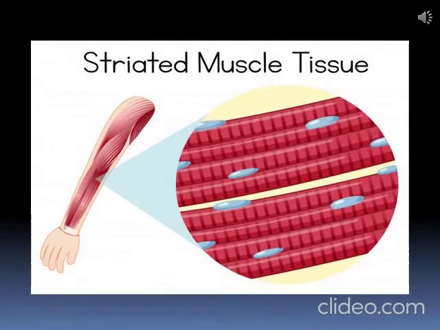See students, in this image of striated muscle tissue, some light bands and dark bands are present, and more than one nucleus is also present. These blue structures are shown as nuclei. So more than one nucleus is present, and we call them multinucleated.